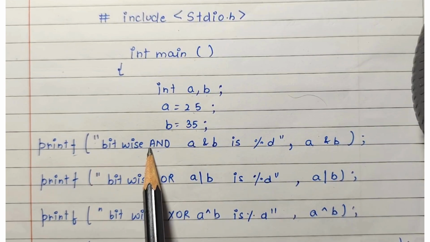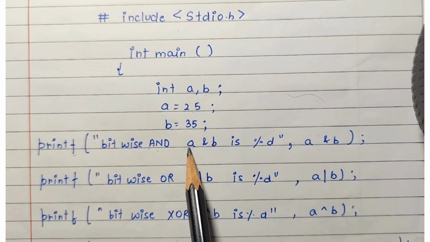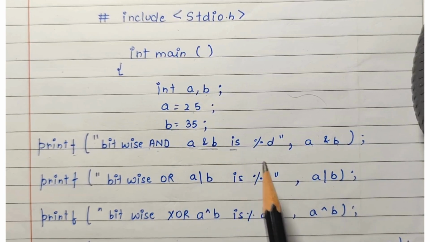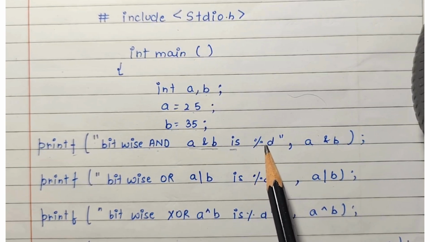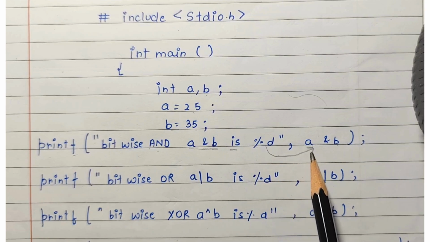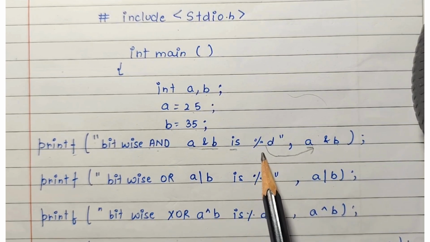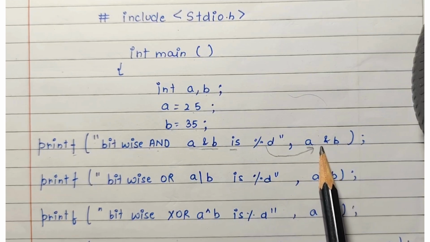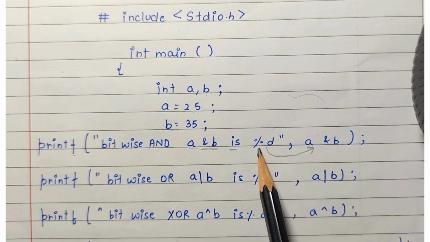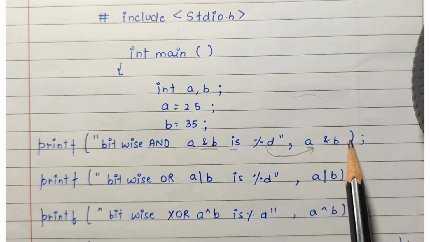Bitwise AND, this is a message. A and B in double quotes is also a message. Here %d is referring to the A and B operation. Whatever value is produced by A and B is of int type. That's why I use %d here, and that value will display in the output.